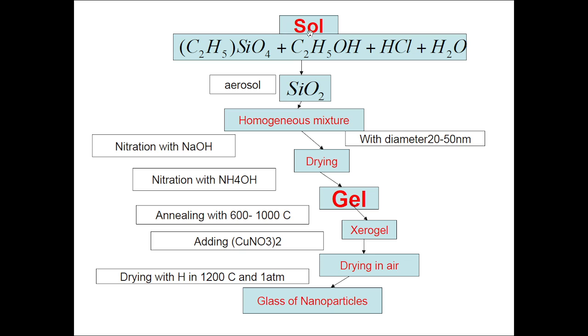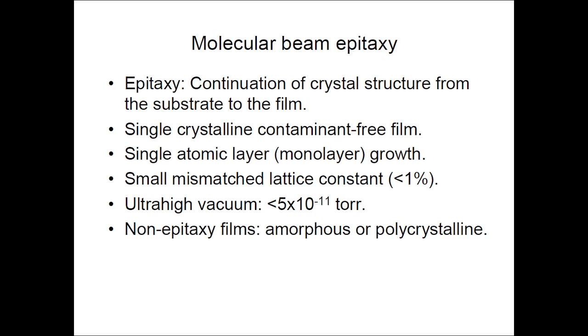Okay, so we'll be mixing all this together, and we'll be getting silicon oxide, and we'll get a homogeneous mixture. We'll dry that, and we'll get a gel, and that gel will be dried, and by applying a higher temperature of 1200 degrees Celsius at 1 atmosphere pressure, we will be getting a glass of nanoparticles. So this is how we'll make silicate glasses by using sol gel methods.